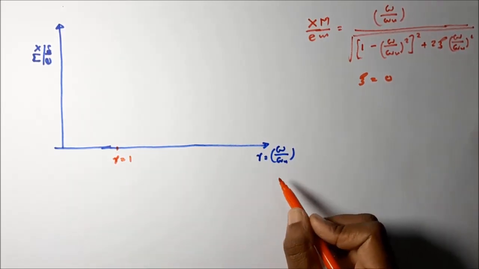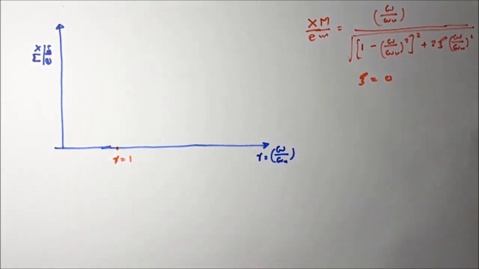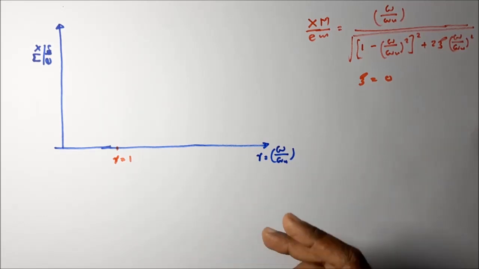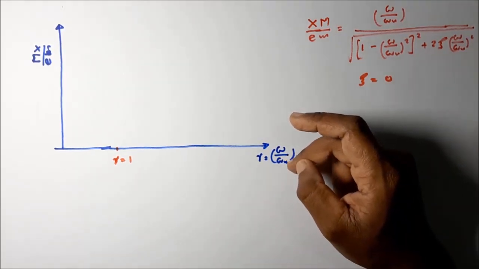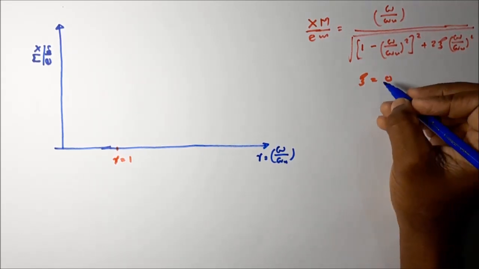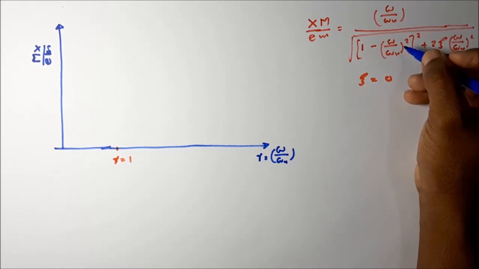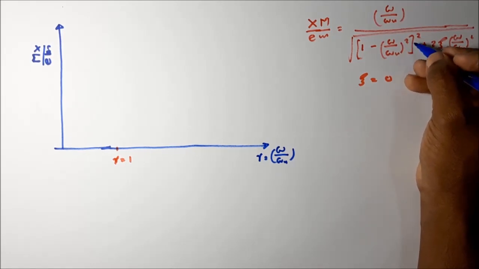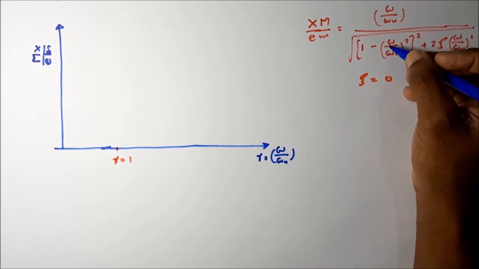That means omega is equal to omega n situation. That means the rotary angular velocity is equal to the system natural frequency omega n. Then in this situation what happens? You can see we have taken the square here.